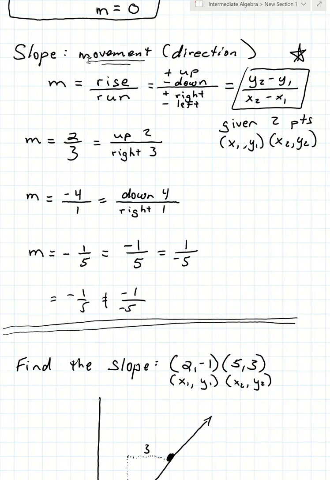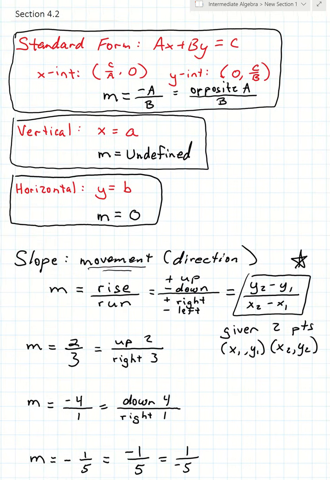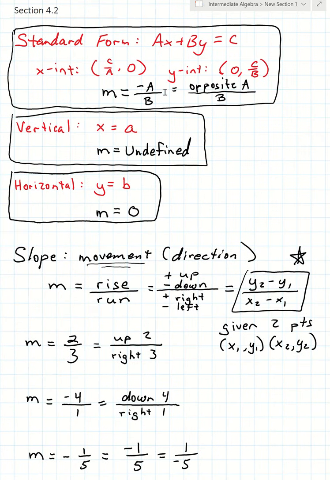Here, slope, we said, is movement, it's direction. It's the rise over the run, okay? And we have this formula here, very important formula, that would allow us to find the slope if we are given 2 points.